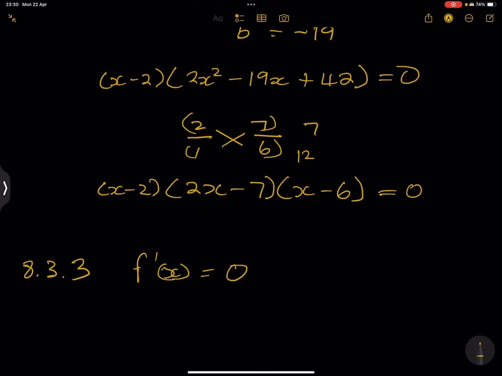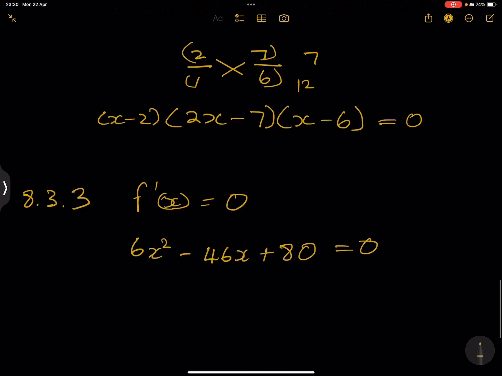And what is f prime going to give us? Remember, we had 2x cubed, that gives us 6x squared minus 46x plus 80. This is equal to 0.